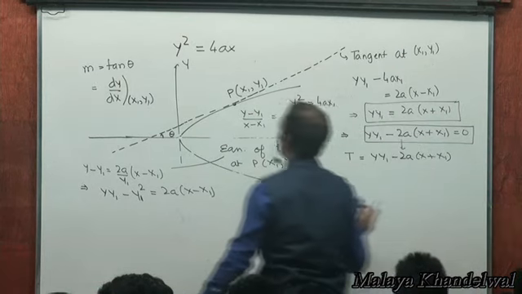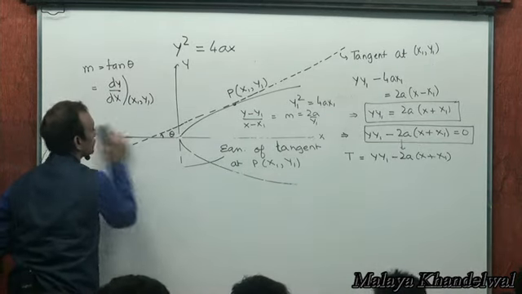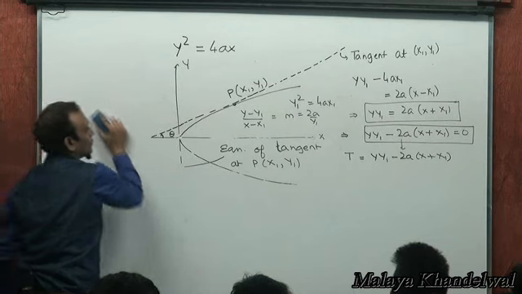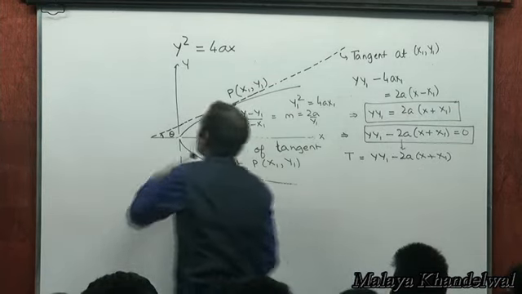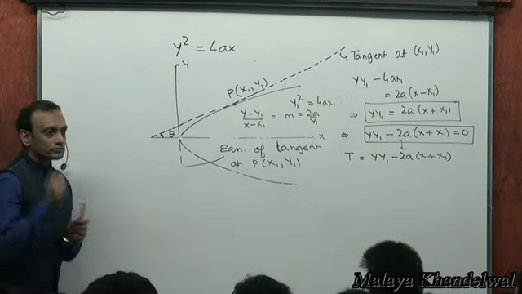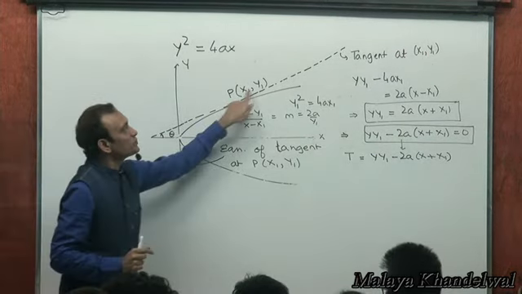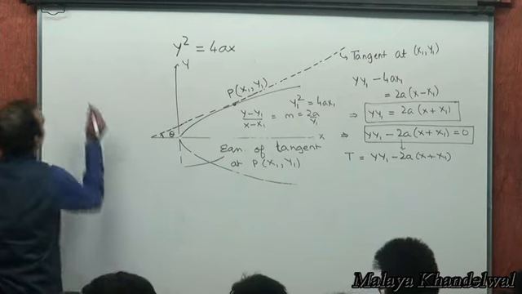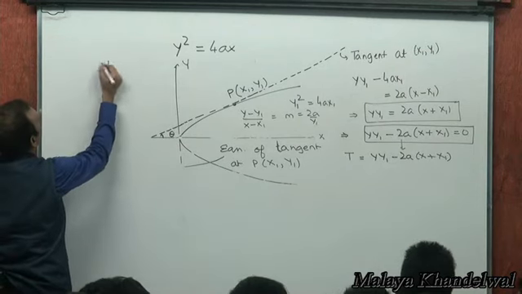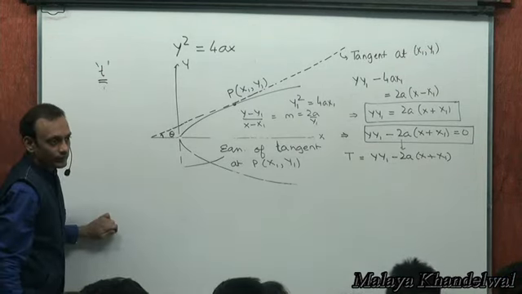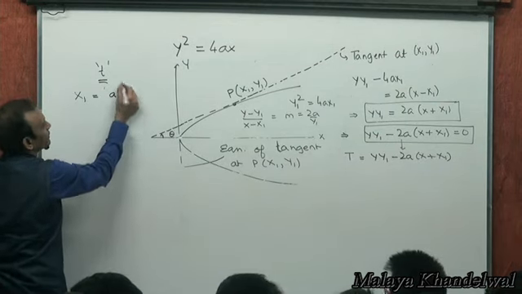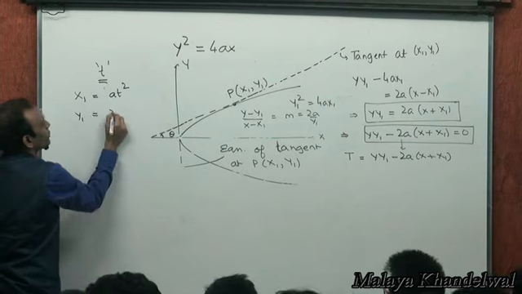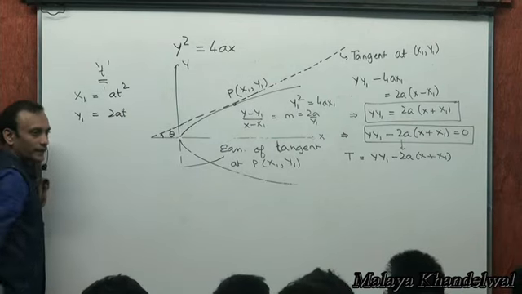Now, if this point x1, y1 is parametrically represented by t, right, then x1 would be at squared, y1 would be 2at, right.